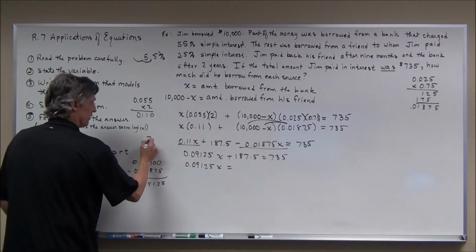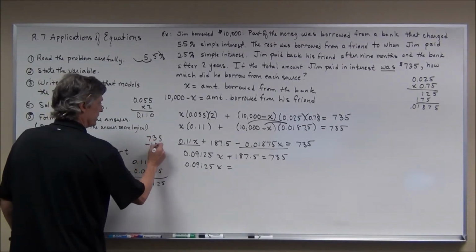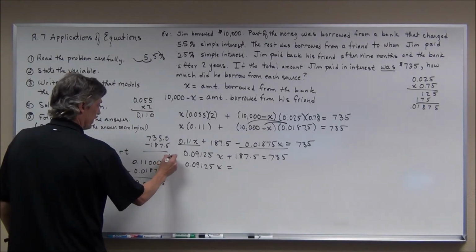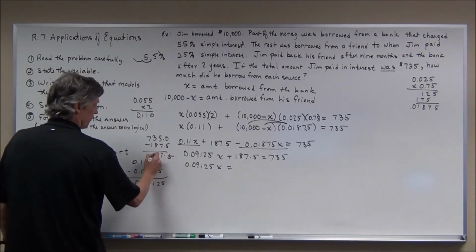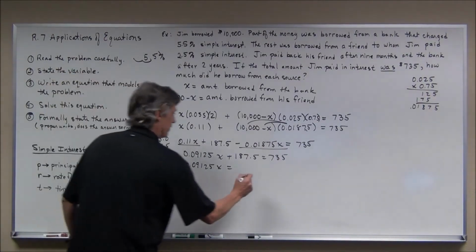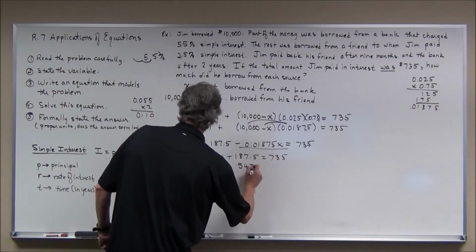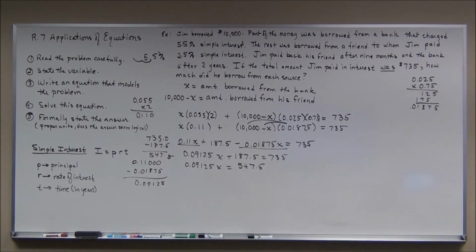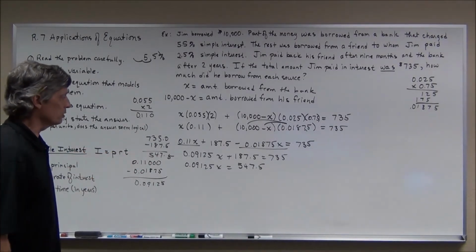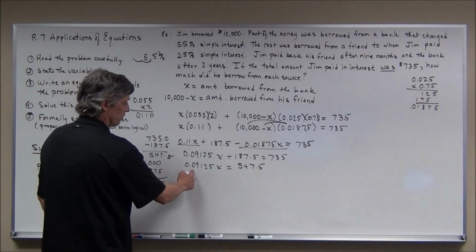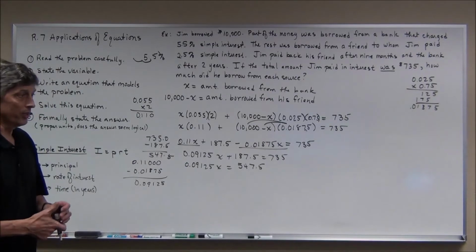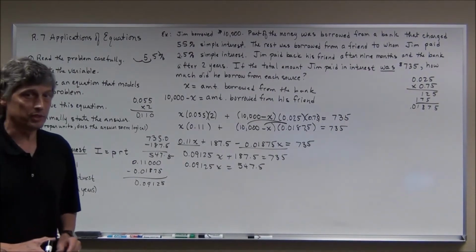So let's see, 735, 187.5. So let's see, 5, 7, 4, 5, I get 547.5 if I didn't mess up. I got this really bad feeling I made a silly mistake because I'm in a hurry. Now I'm going to divide both sides by 0.09125. Yikes. I hope I have my calculator somewhere close by because I don't want to do this the hard way.